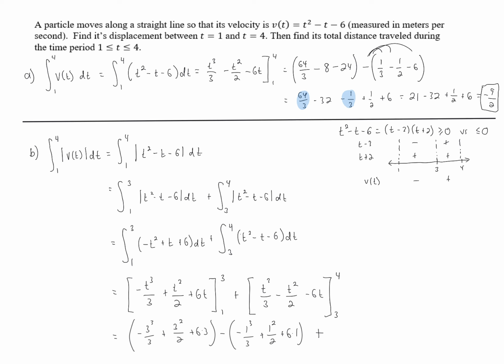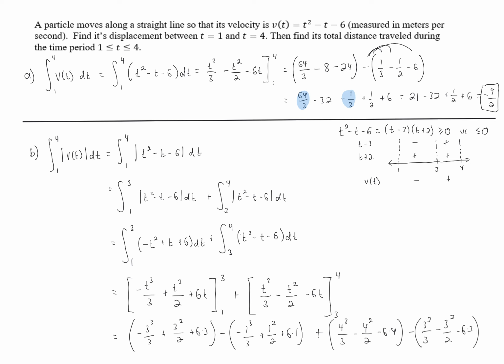So we've got to plug in 4 and 3. So that's going to be 4 cubed over 3 minus 4 squared over 2 minus 6 times 4. And then we need to subtract what we get when there's a 3 there. So that's going to be 3 cubed over 3 minus 3 squared over 2 minus 6 times 3.